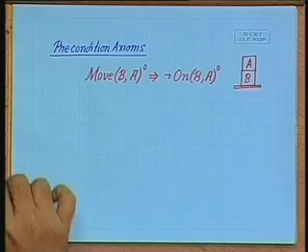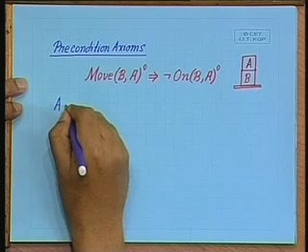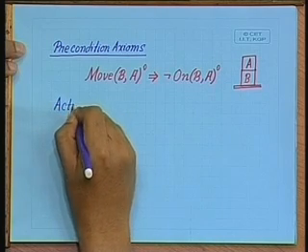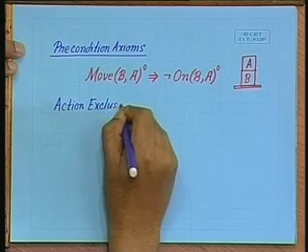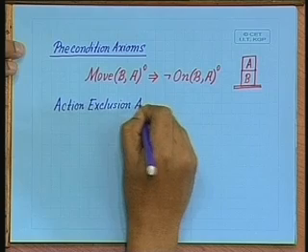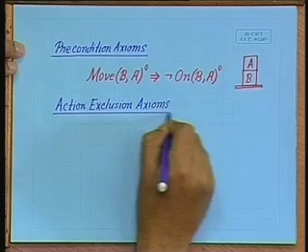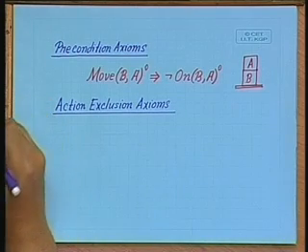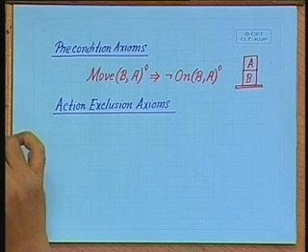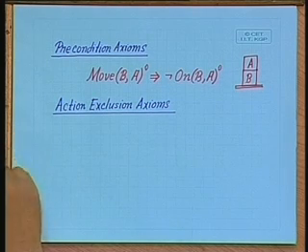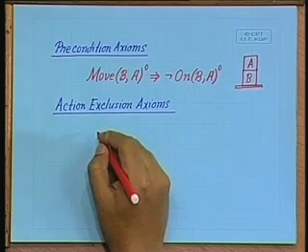Okay, so in addition to this, there will be a bunch of other things also, like we will have action exclusion axioms. Now, this basically tells us which actions are mutex. So, for example, let me write down one action exclusion axiom.